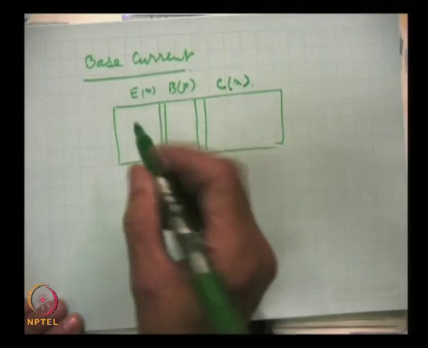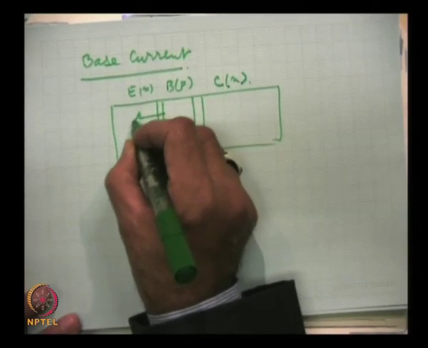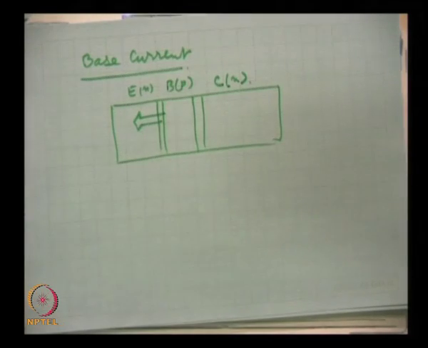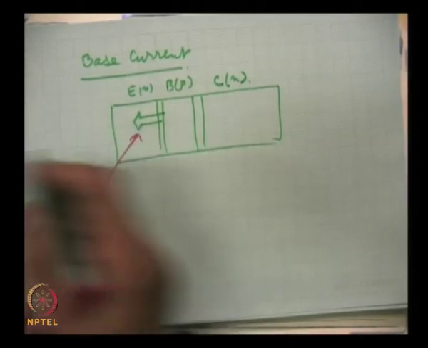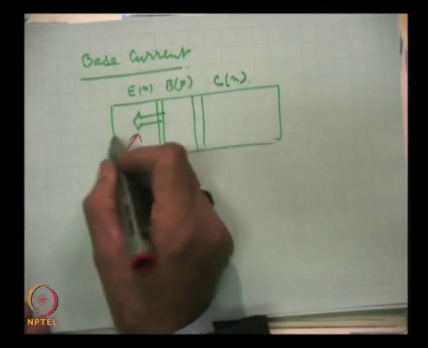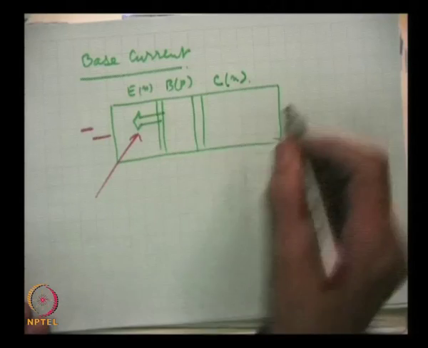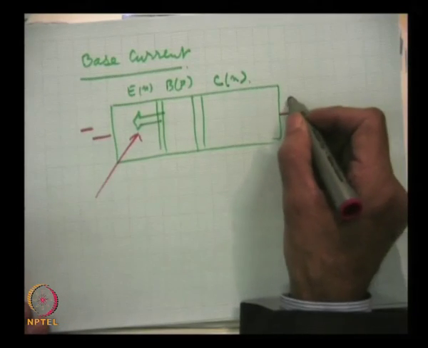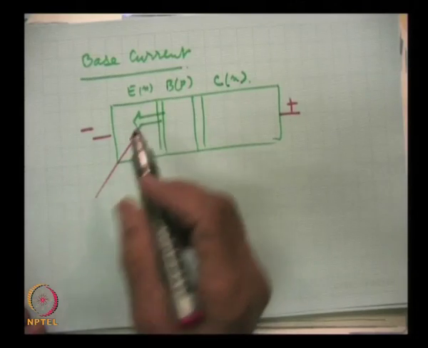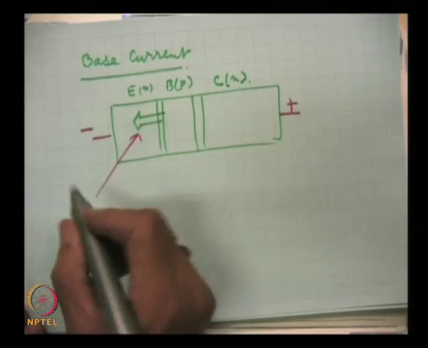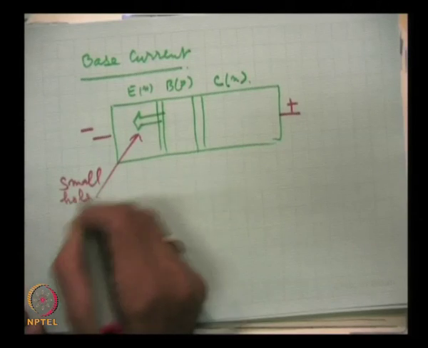Now, here some holes have diffused. This is of course the same polarities, this is N type having negative potential, this is having positive potential, this is the reverse bias junction, this is the forward bias junction, and so this is the small hole diffusion.